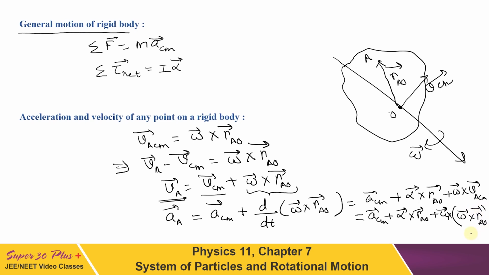Now as you can see, this is omega cross omega cross RAO, so this should be 0 because they are in the same plane, so cross product has to be equal to 0. From here we got the final relation, AA can be written as ACM plus alpha cross RAO, which is our desired result.